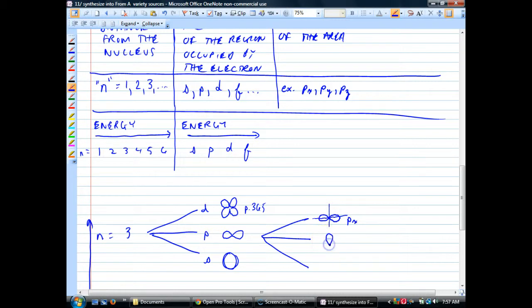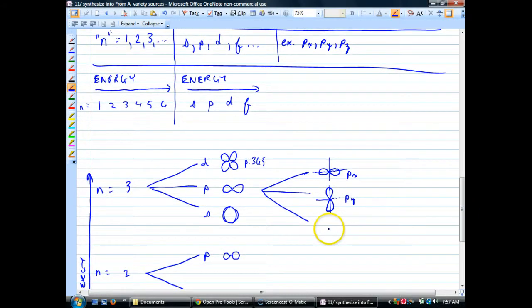There's the P along the y-axis, P subscript y, and there's P along the z-axis coming out of the board here. Is that usually the z coming out, or is the z vertical? Z is coming out, yes, so the z is coming out at you. So in other words, you can have P along this axis, P vertical, or P coming out at you. So there are 3.